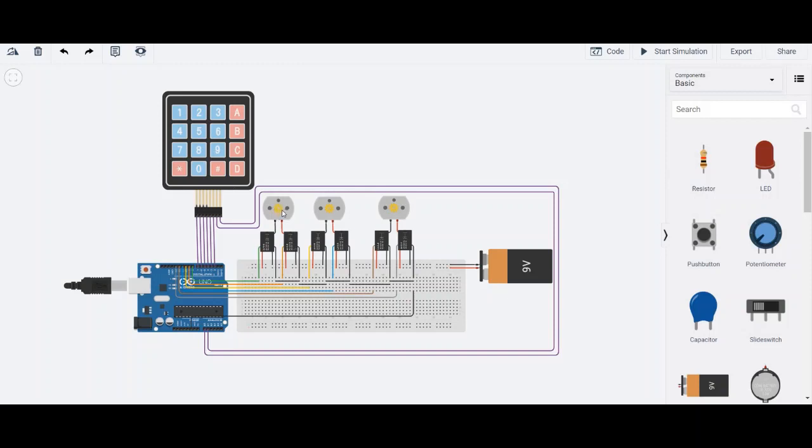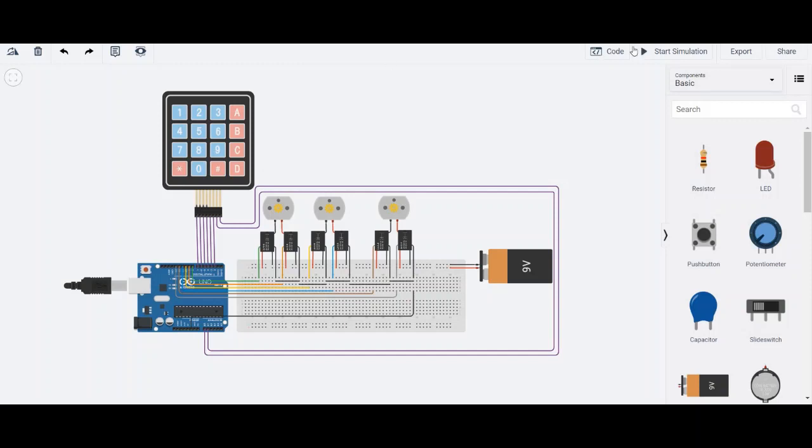For one DC motor, we'll be connecting two relays, and the same for the other two DC motors. One DC motor needs two pins so that it rotates in both directions. So one DC motor has two pins, and in total there are six pins for three DC motors. And for the keypad, we'll be using 8 pins.